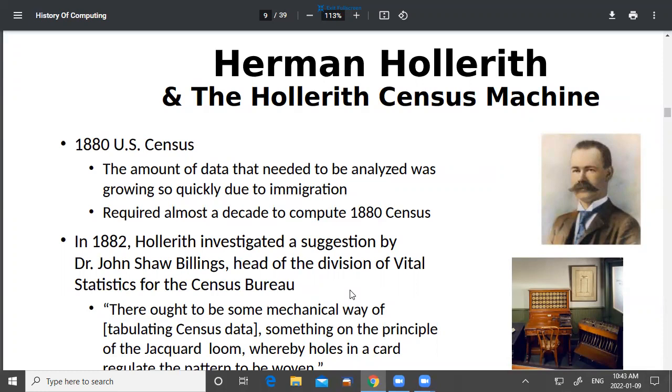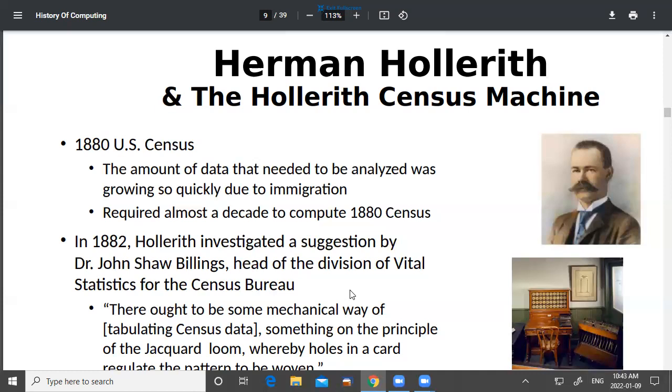They had to know all that, and it would take them like 10 years between each census. And then it would take 10 years to add up all the numbers. Anyways, Hollerith, maybe thinking about that loom, said, I've got this idea: maybe we can use punch cards as a way of recording the information coming in from the census.